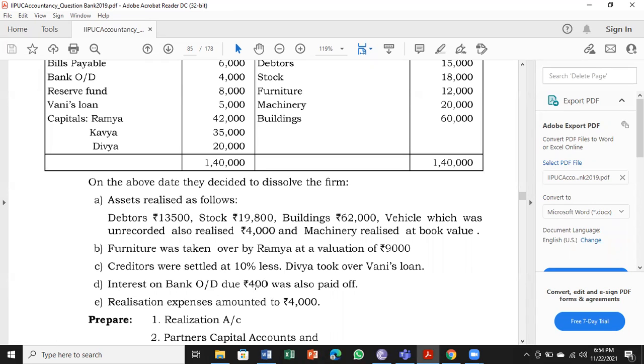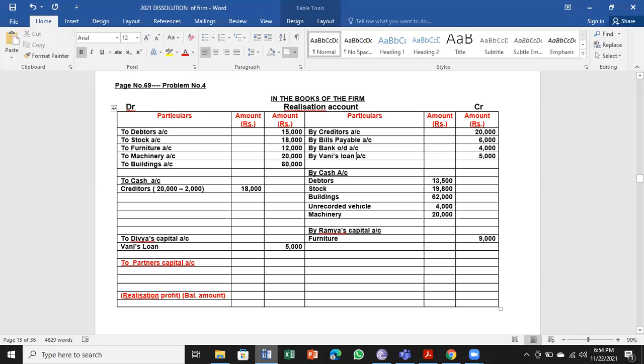Interest on bank OD due 400 was also paid off. So they have not told anything about bank overdraft. But we have to understand bank overdraft is a bank loan to be paid in full. Without that, the business cannot proceed for other payments.